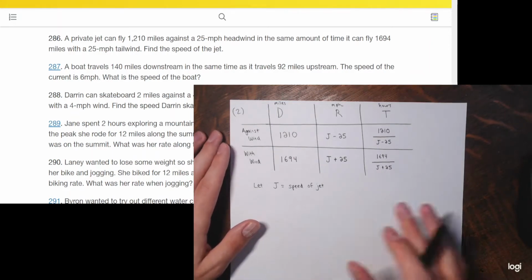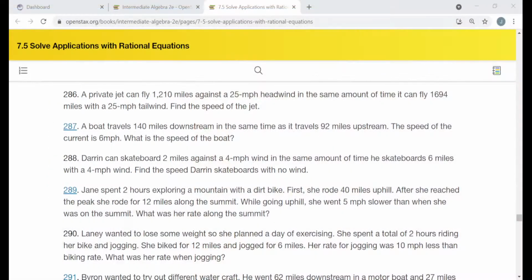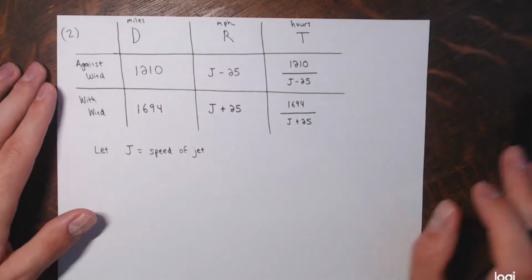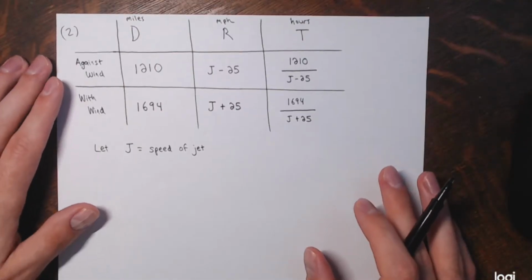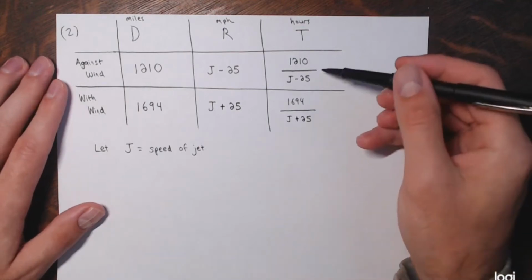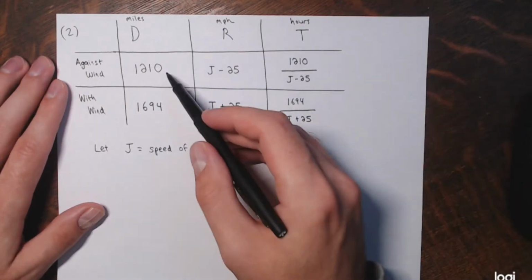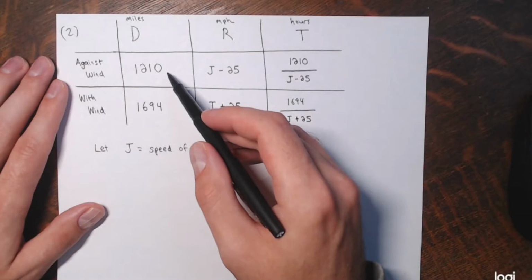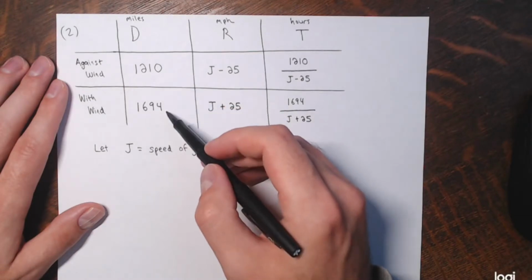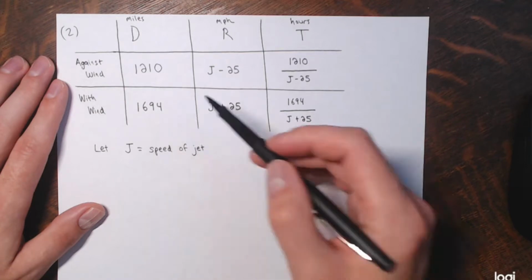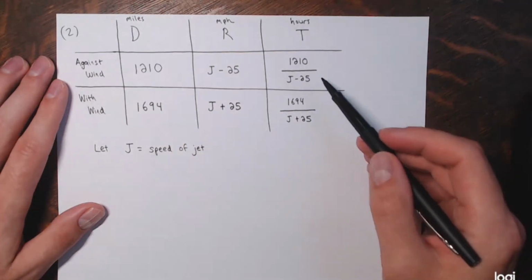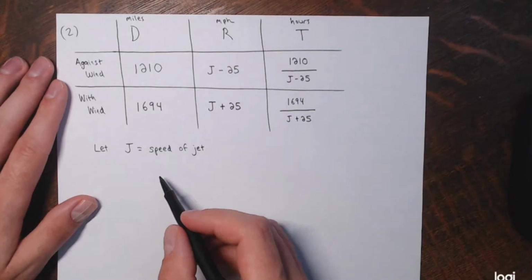And I won't write this one this time, but let's make this bigger. It did say again that the time it took to travel 1,210 miles against the wind was the same amount of time it took to travel 1,694 with the wind. So once again, the times are equal.